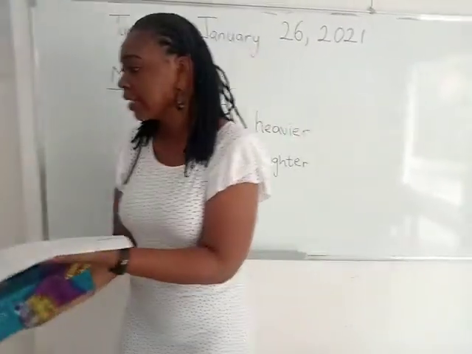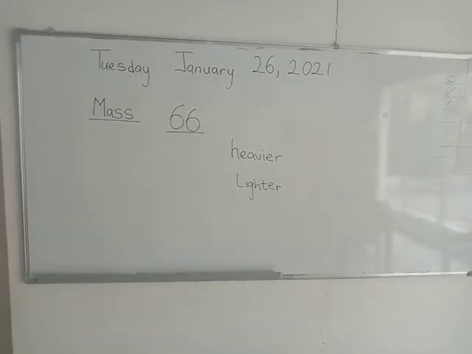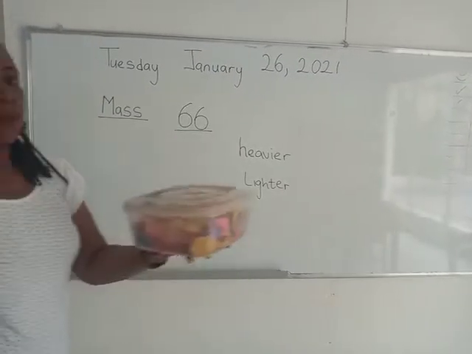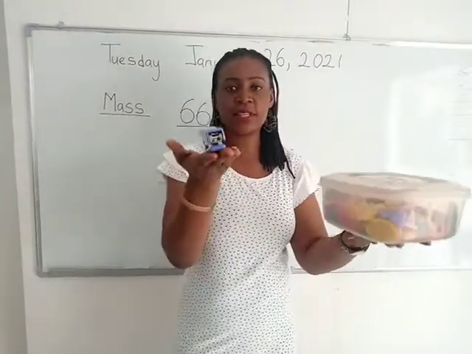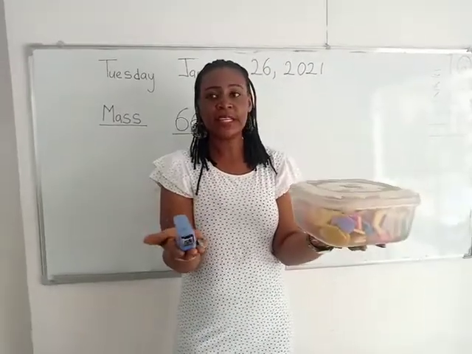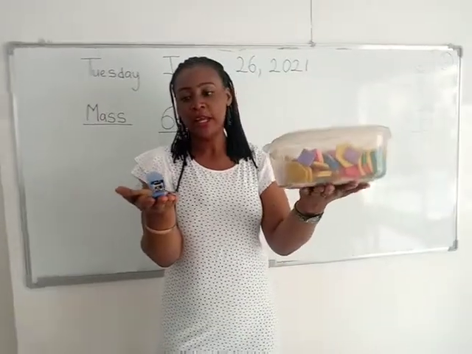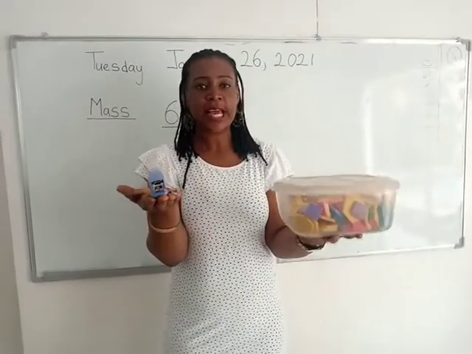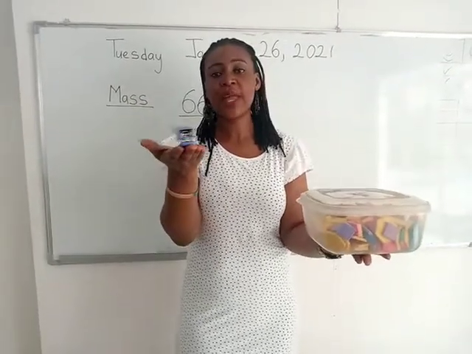I'm going to show you one more example before we move on to our exercise. Here I have a box of shapes on my left hand, and I have a stapler on my right hand. If you're the one carrying this, you're going to feel a pull down on your left hand, telling you that this box of shapes is heavier than the stapler.